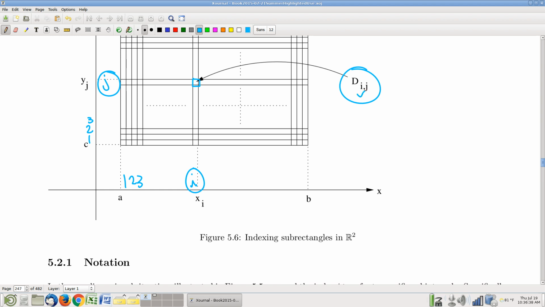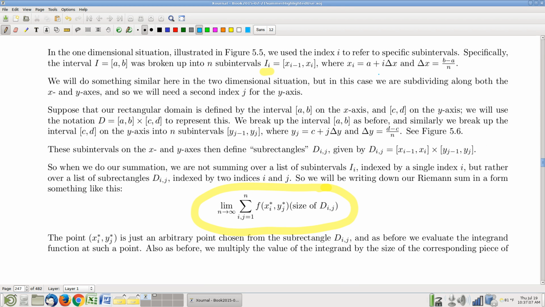That's what these i and j are, little subscripts telling you we're slicing this part of the x-axis into n subintervals and the y-axis into n subintervals, and that little subrectangle corresponds to a certain subinterval on each one of those shadows. So I need to know what the i and the j are, representing which subrectangle. So that's that notation. And there's a formula for how to write down exactly what Dij is. Here it is. We know what the shadow looks like on the x-axis, and we know what the shadow looks like on the y-axis.